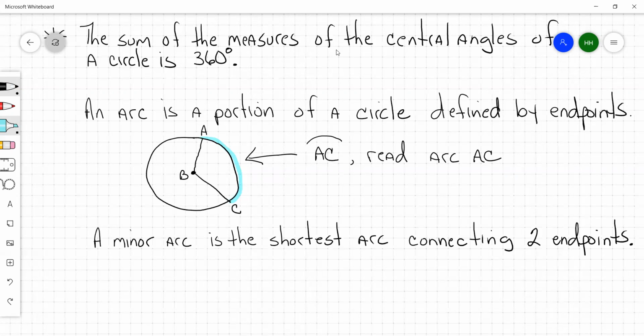Do you see this blue arc right here? How we put our pencil was on A, and we went the shortest distance to C. Everybody see that? If you put your pencil on A, you've got two ways to get to C, don't you? You can either go the short route or you can go the long route. Agreed? When you go the short route, it's called a minor arc.